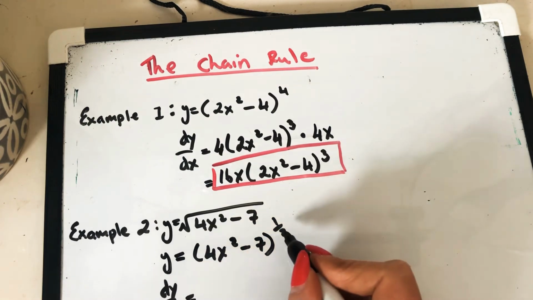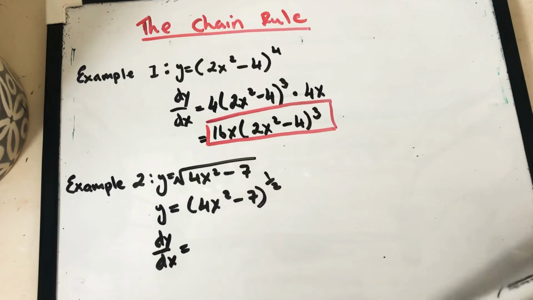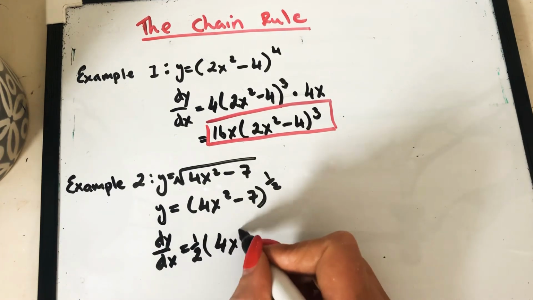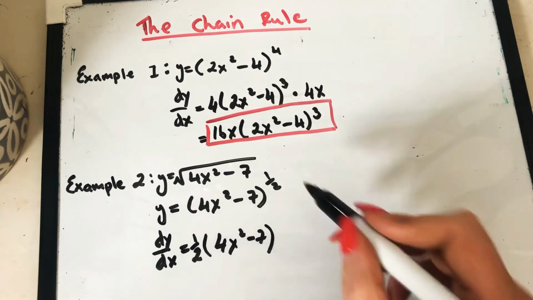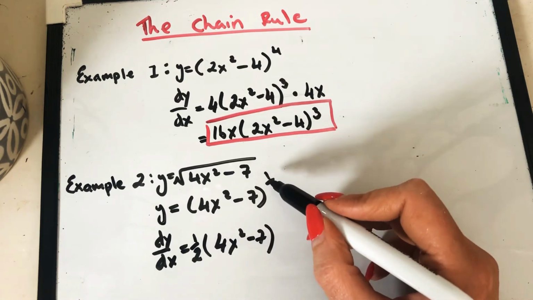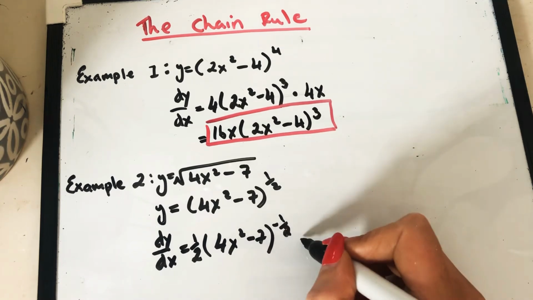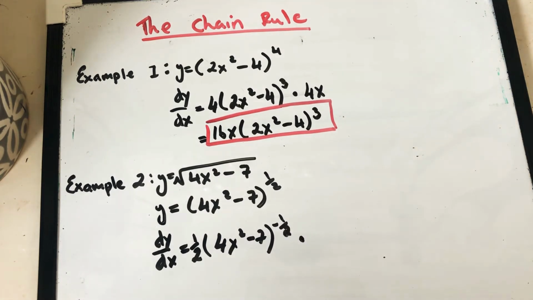So we bring our power down in front, so bring the half down. Then we write our bracket, don't touch that bracket, and then reduce this by 1, so a half minus 1 is minus a half, or negative a half, and we multiply it then by the differential of our bracket.